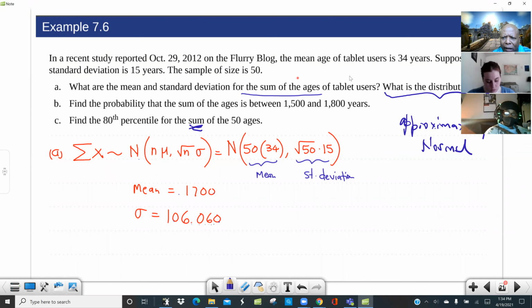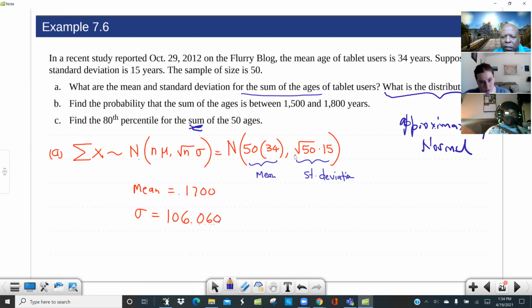All right. The same problem we had of tablet users. Suppose the standard deviation is 15, you take a sample of size 50. What are the mean and standard deviation for the sum of the ages of tablet users? And what is the distribution? Well, these are sums. The mean is mu times n. 50 times 34 is 1,700.